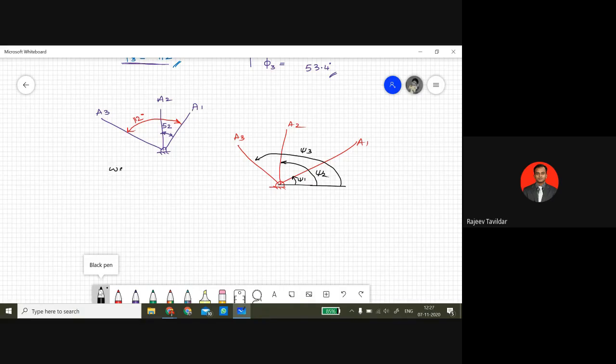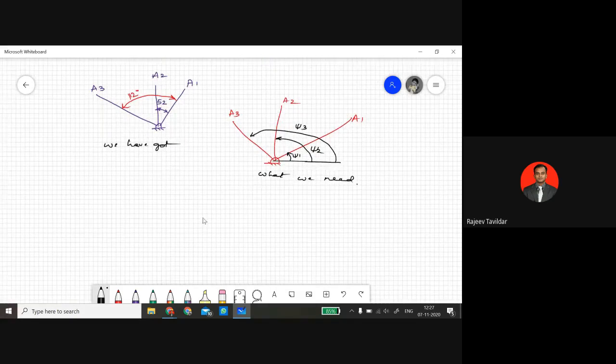This is what we have got now here, and this is what we need, because I need to put psi1, psi2, psi3 in the equation. Can anyone tell me what should be the actual values of psi1, psi2, psi3 now?